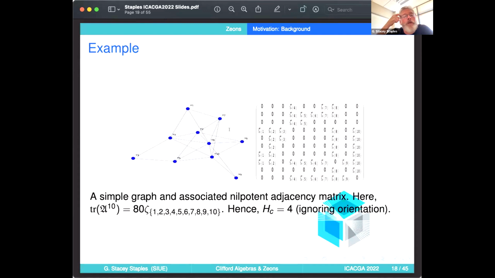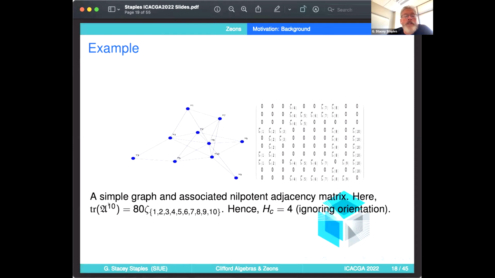So here's a picture of what I'm talking about doing. So here's a simple graph. So just a collection of vertices, got some edges, and then here's the nilpotent adjacency matrix for that. So it's 10 by 10. I've put nilpotent generator zetas, which again you could think of as disjoint Grassmann pairs.